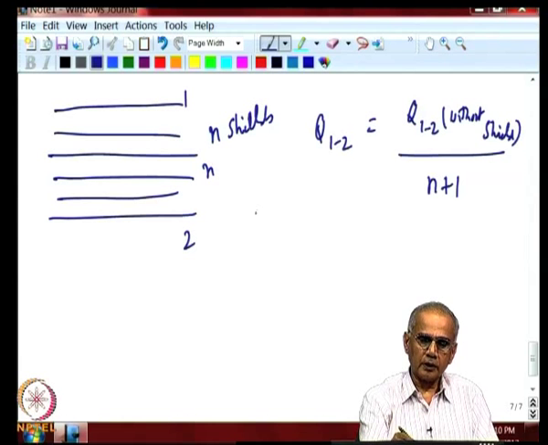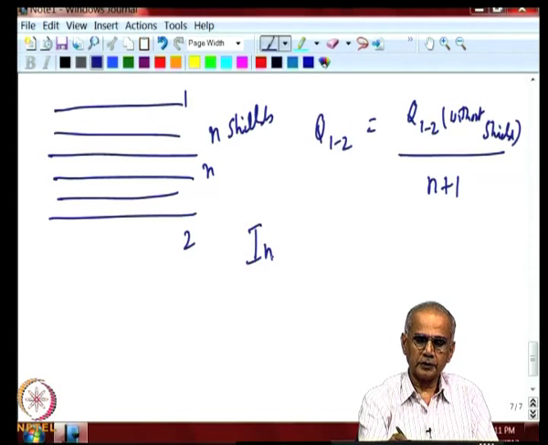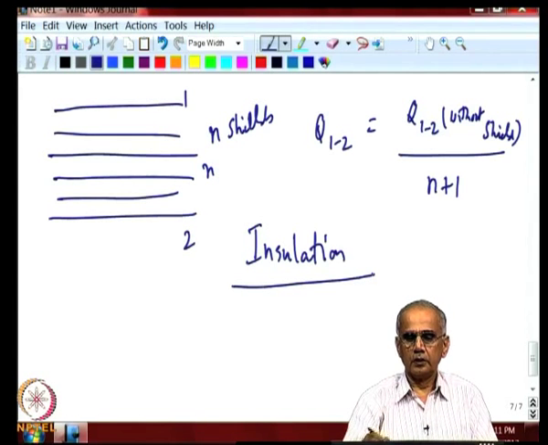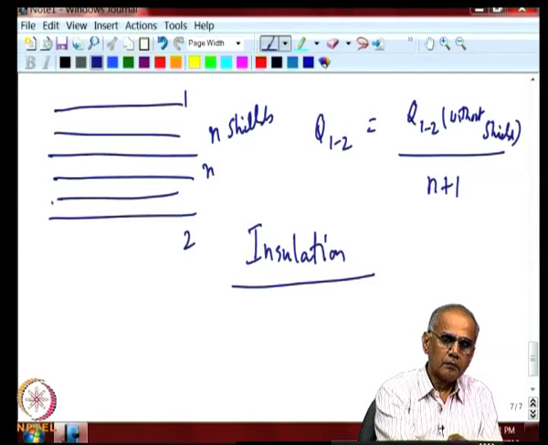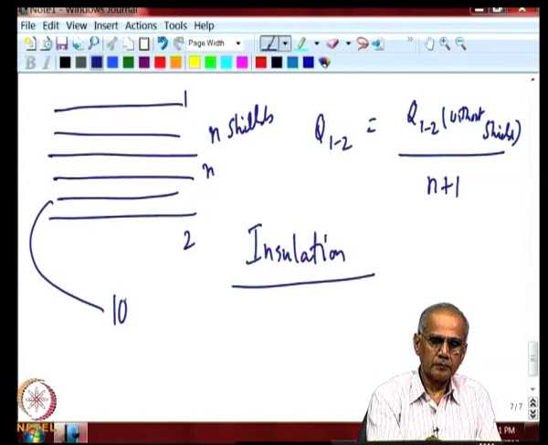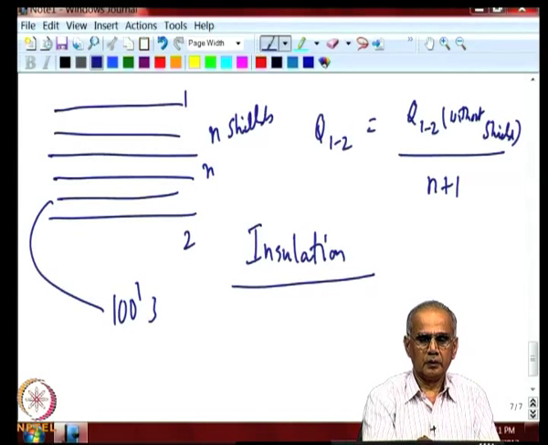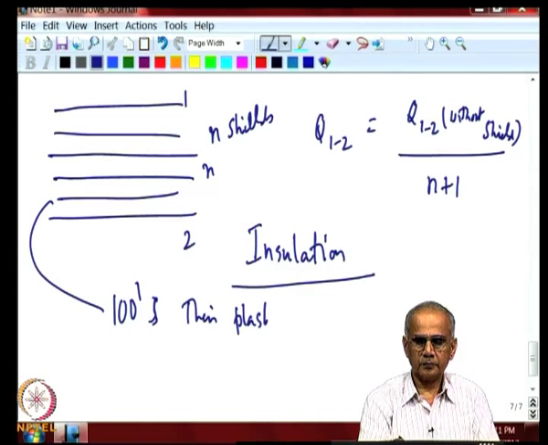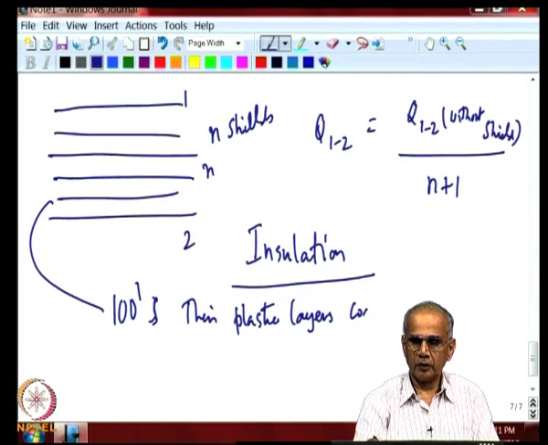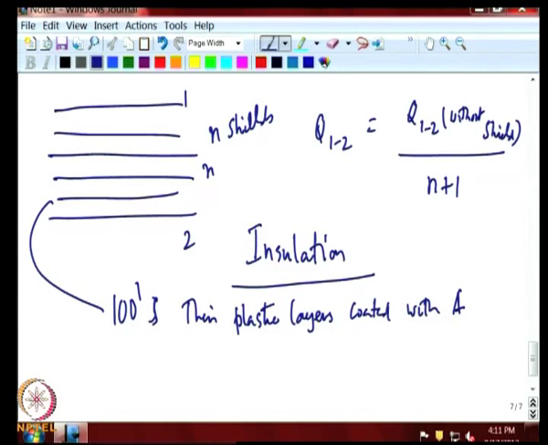Now, this is what is done in the case of insulation. So, you can have hundreds of these thin plastic layers coated with aluminum.